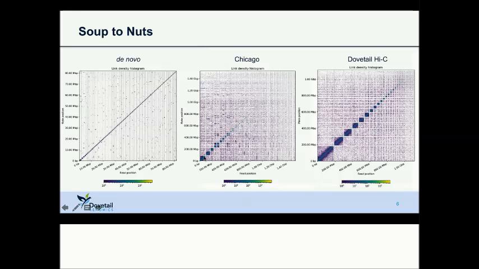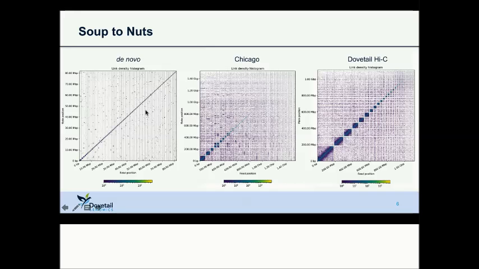So on each of these plots, the little boxes that you can see represent a scaffold. And then the color within the boxes represents some density of Hi-C read pairs. And the reason that we add those in there is just to kind of give indications of how things are going to be coming together.